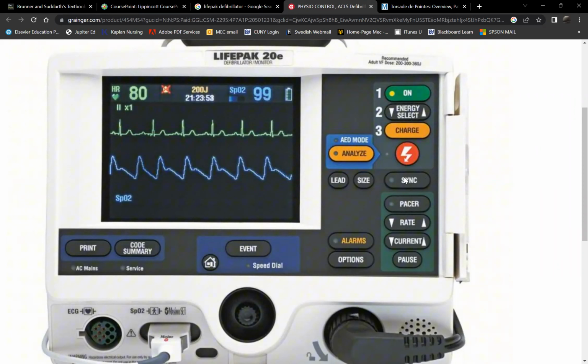And then when you press the shock button, it will take a few seconds. It will synchronize first and then deliver the shock at the peak of an R wave. So it will analyze the patient's rhythm first and then time it exactly at the peak of an R wave.